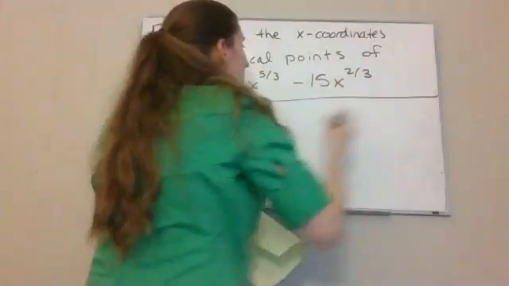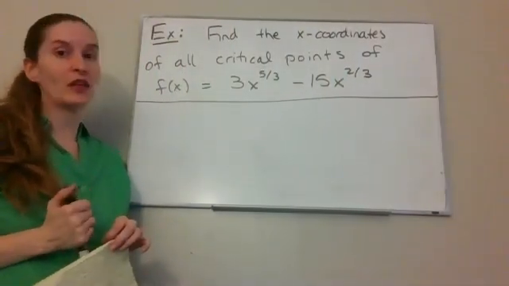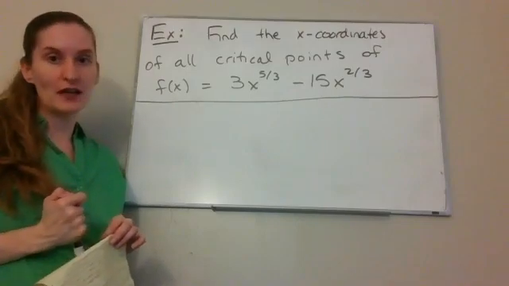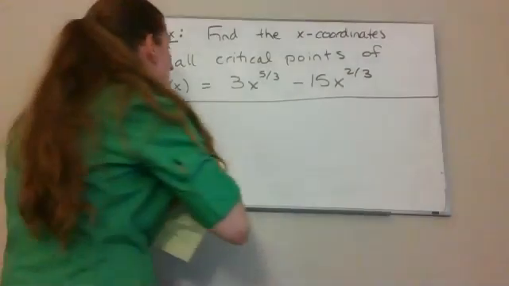So I know from my definition that a critical point is a point where my derivative equals 0 or is undefined. So we should find the derivative before we do anything else.